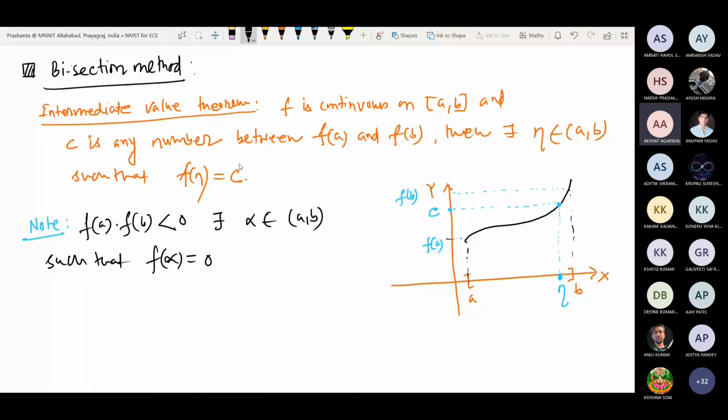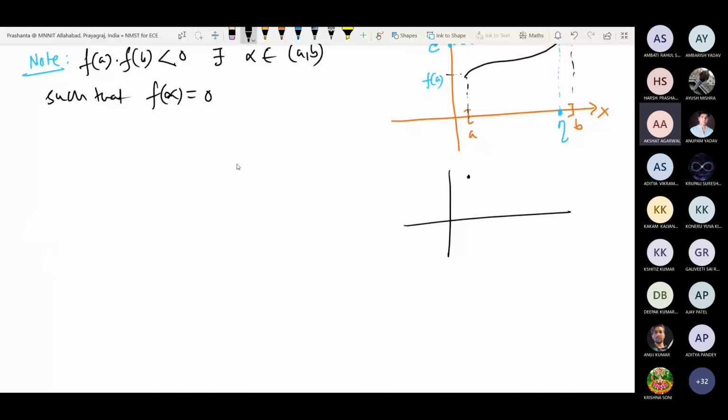It makes sense. Yes. If they are of opposite sign, then what is the plot of the graph? Plot of the graph means, one side will be positive. Suppose f of a is positive, so this is f of a height, and another will be negative. So suppose f of b is negative, and f is a continuous function. So graph has to be drawn between f of a and f of b. So whatever way you draw the graph, it must intersect the x-axis.